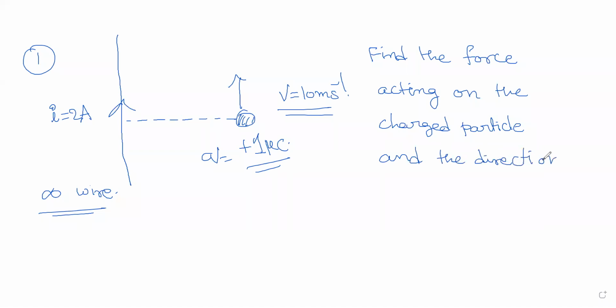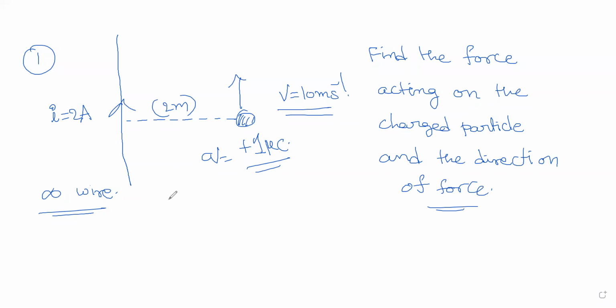I have not given the distance. The distance is about 2 meters. That's all which is given. And you have to find the magnetic force acting on the charged particle.